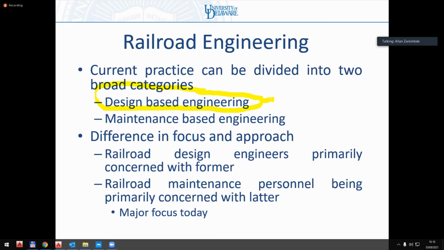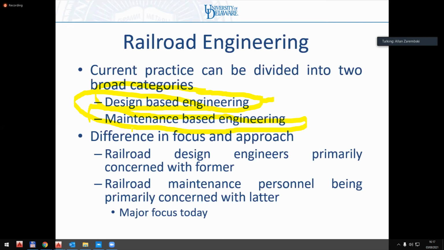Those are all aspects of design-based engineering, and we're going to spend a bunch of time talking about that today. But I want you to be aware that a lot of railroad engineering, particularly if you're working for Israel Railways or an established railway, is not building a whole lot of new lines so much as maintaining existing lines. So you're really looking at maintenance-based engineering, and we're going to address that a little bit when we get into rail and other problems.